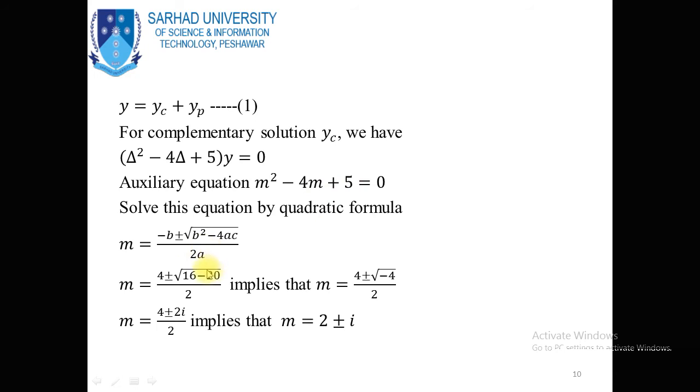Putting the values of a, b and c, we obtain m is equal to 4 plus minus under root 16 minus 20 divided by 2. After simplification, we obtain m is equal to 4 plus minus under root minus 4 divided by 2. So m is equal to 4 plus minus 2i divided by 2. Taking 2 common and simplifying, we obtain m is equal to 2 plus minus i. So these are complex and non-repeated roots.